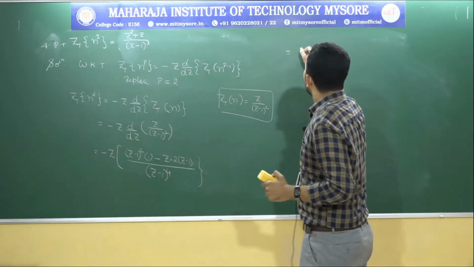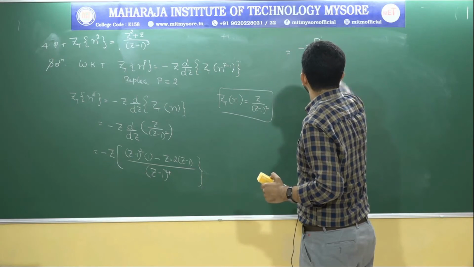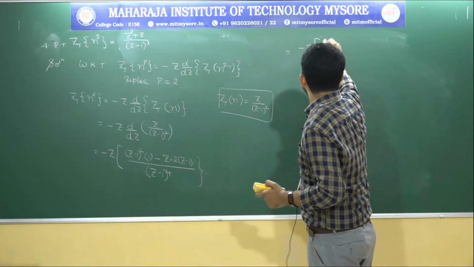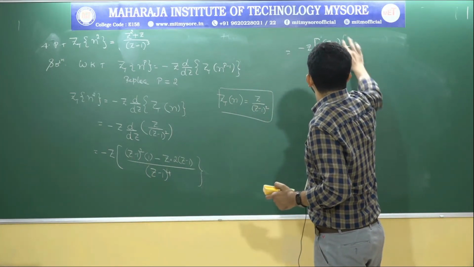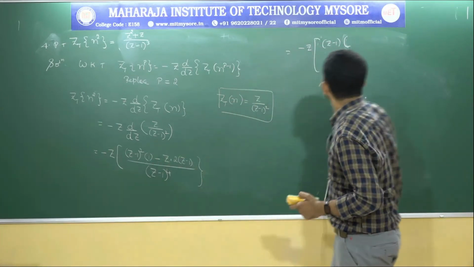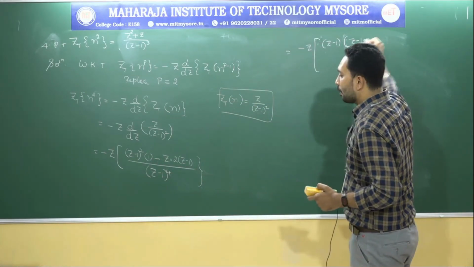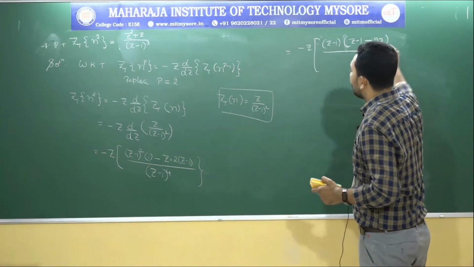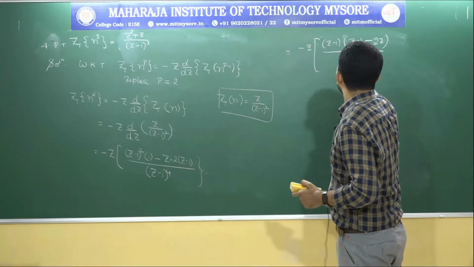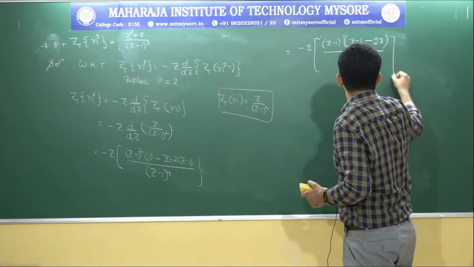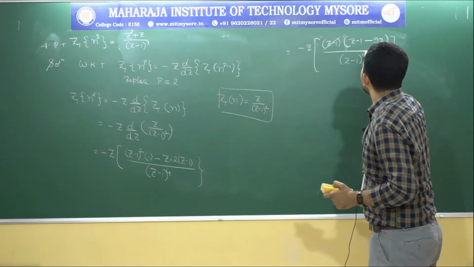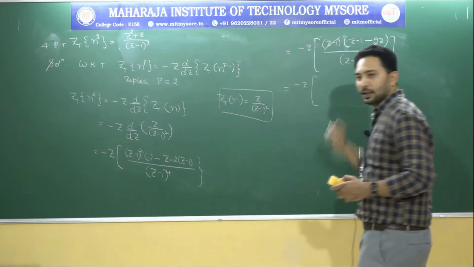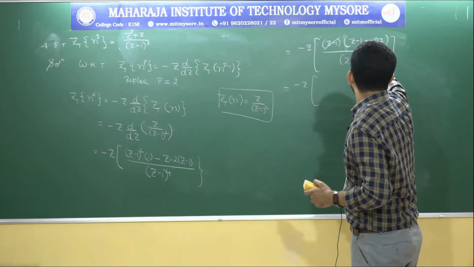Next, minus z into, here we have z minus 1, here also we have z minus 1 whole square. So take z minus 1 common. We'll remain with z minus 1 minus 2z divided by z minus 1 power 4. So z minus 1 and z minus 1 will cancel. So we'll get minus z into z minus 1 minus 2z.